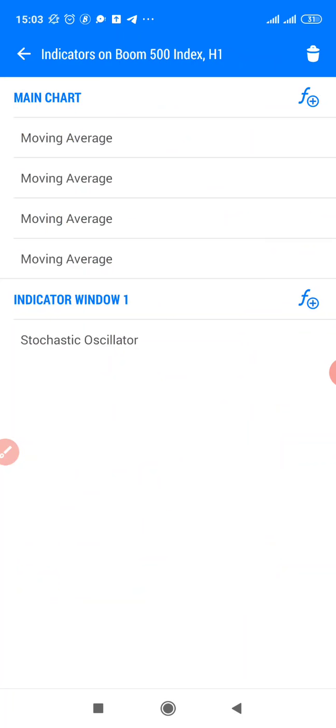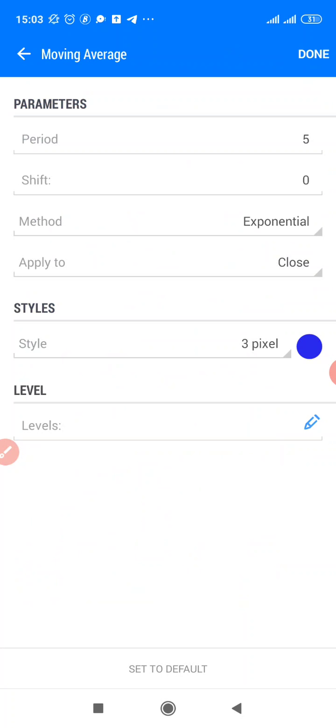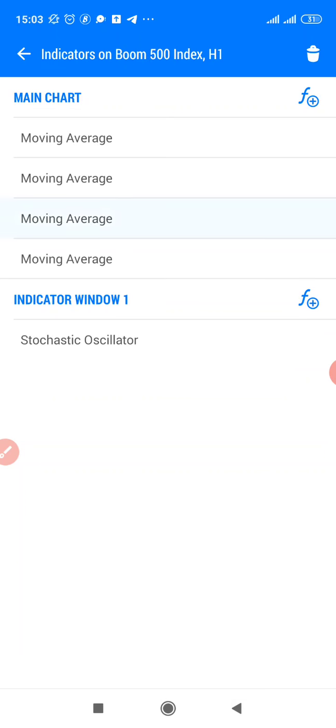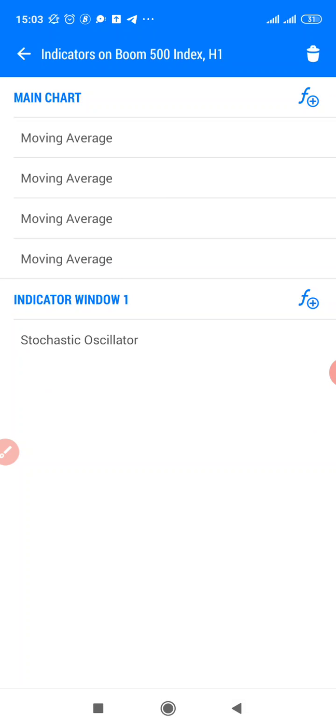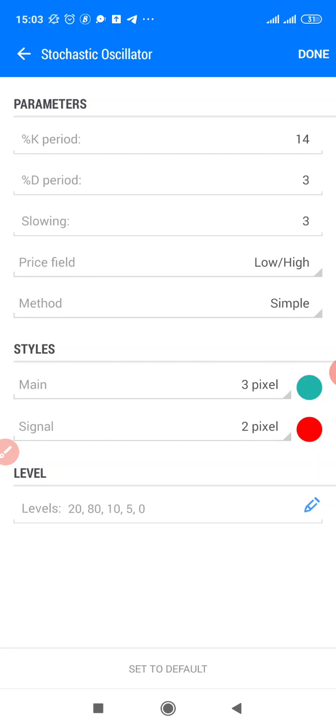This is simple: the 5 is blue, the 10 is red, 50 is green, and the 200 is, what would I call this, pale or something. Then the 14, 3, 3 stochastic, with your blue and red.